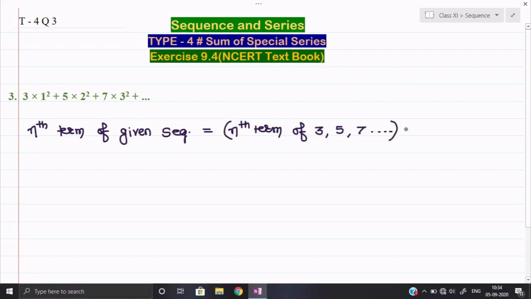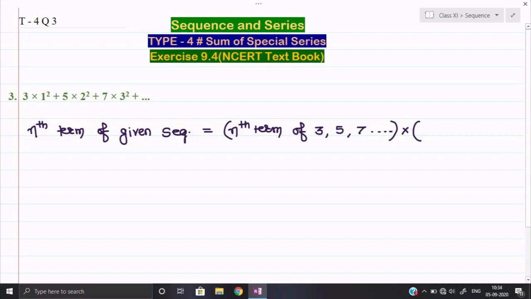Similarly, now see, you will be confused, square is coming, what shall we do? Don't worry, take the term without square. For example, 1 square, 2 square, 3 square, I take without square, that will be 1, 2, 3 and so on. And the square we can put outside the bracket.